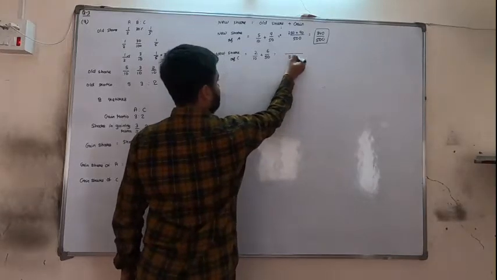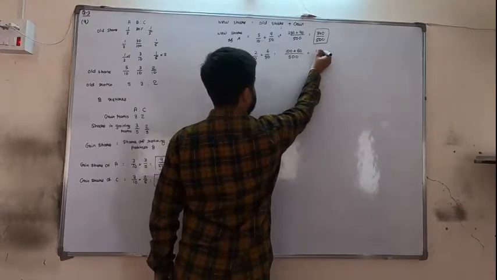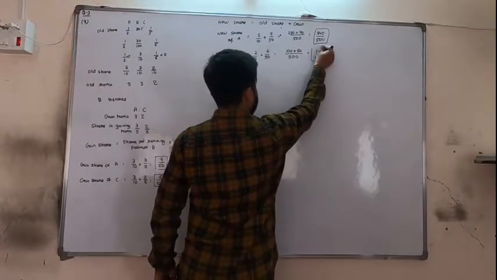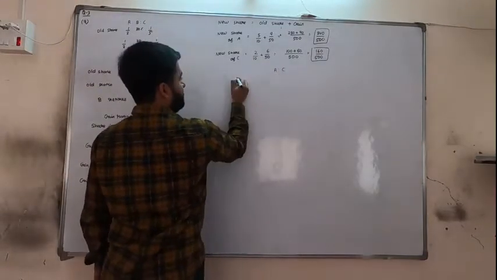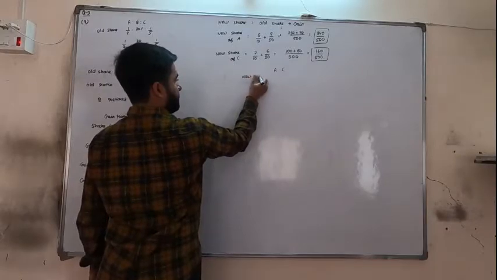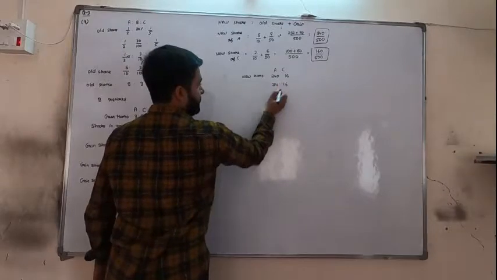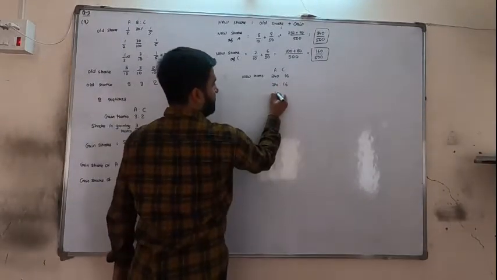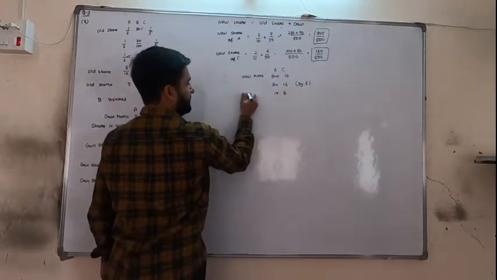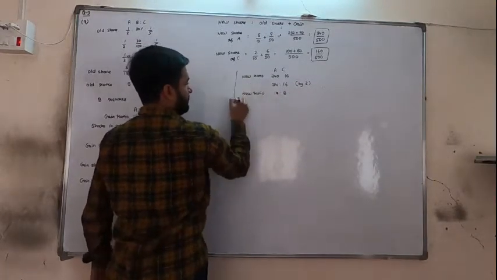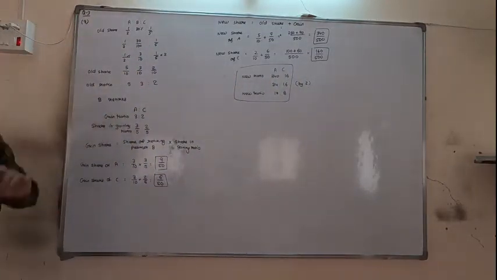So 50 10s are 500, 50 2s are 100, 10 6s are 60, so 160/500. Now between A and C, new ratio 340:160 or 34:16, or if we divide it by 2, 17:8 is the new ratio. So new ratio is done, gain ratio is already given.